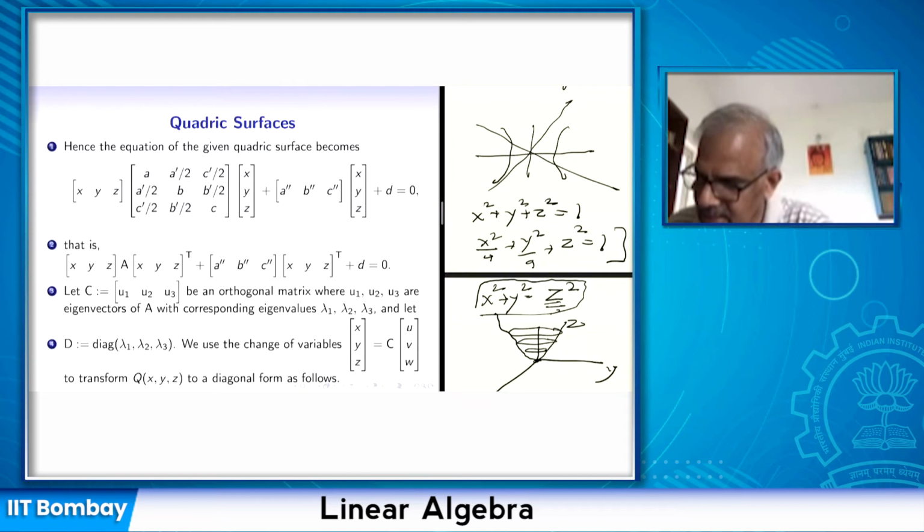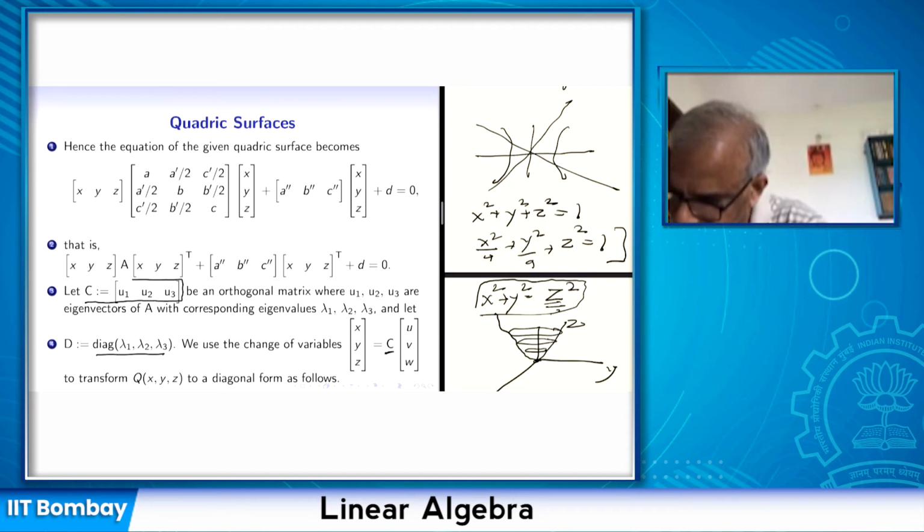D is the diagonal matrix whose diagonal entries are the eigenvalues, and the change of coordinates is the same: x equal to C times UVW, where C is the matrix of the orthonormal basis of eigenvectors. So this is the change of coordinates.